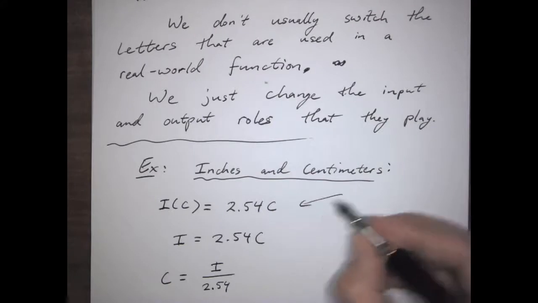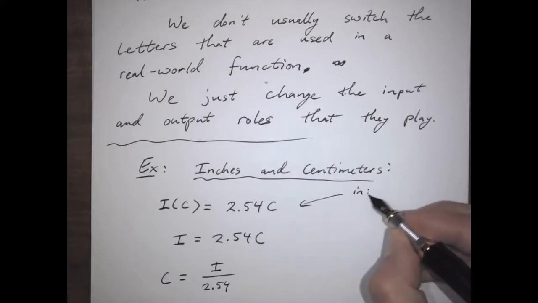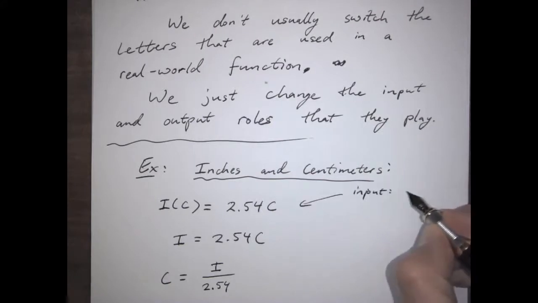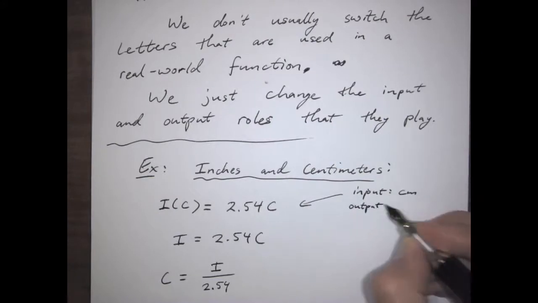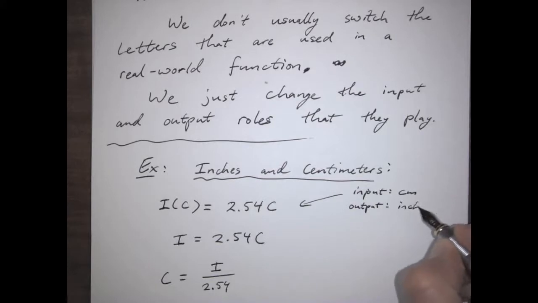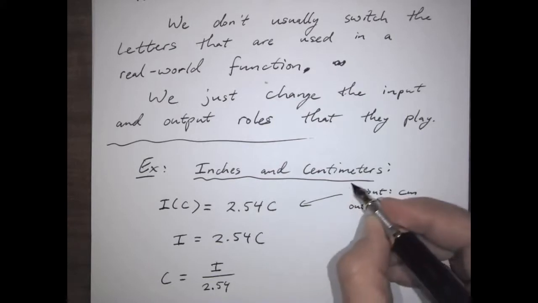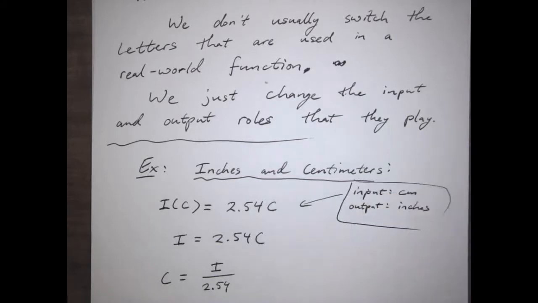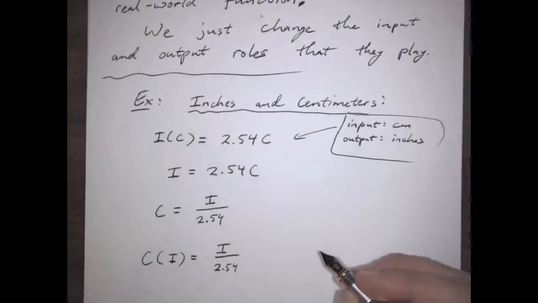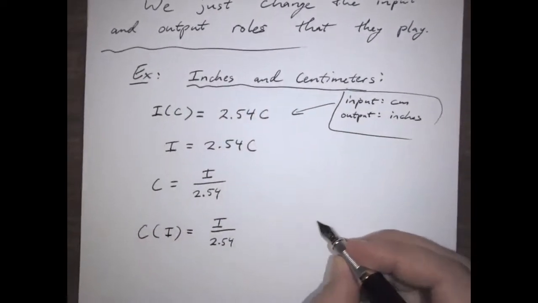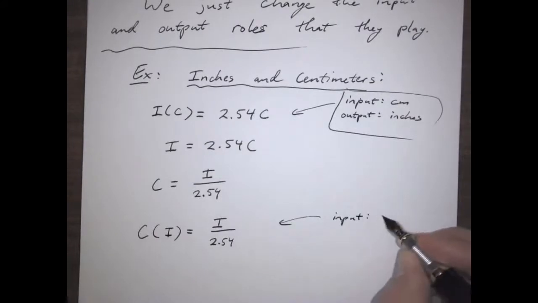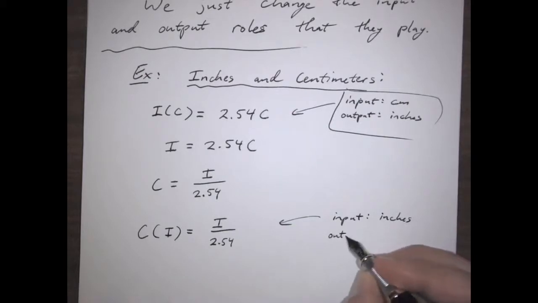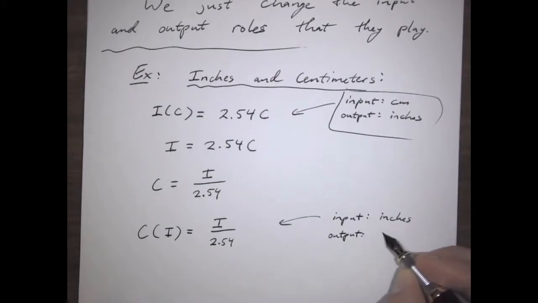So here, what we had was an input of centimeters and an output of inches. And down here, what we have is now the reverse, which is an input of inches and an output of centimeters.